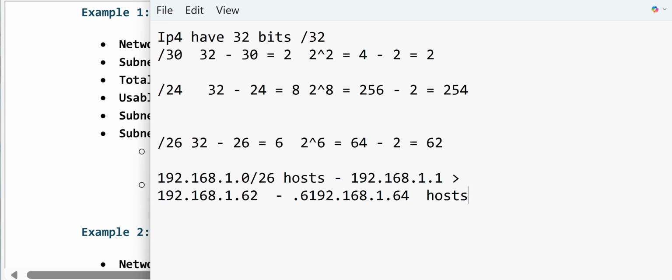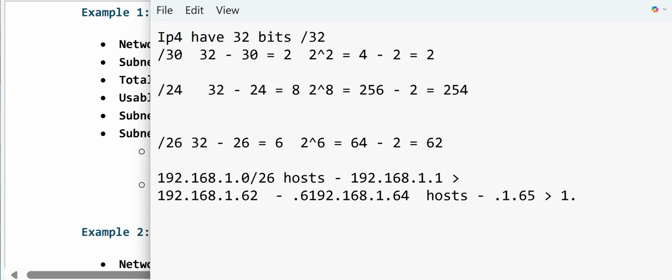Your hosts will be .1.65 to 1 dot, what's 65 plus 62? So 65 plus 60 is 125, and then plus 2 is 127, right?